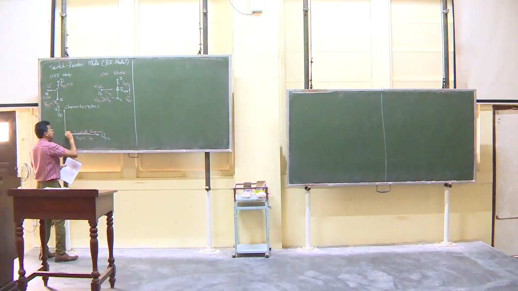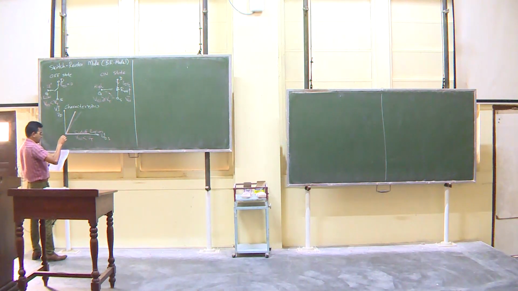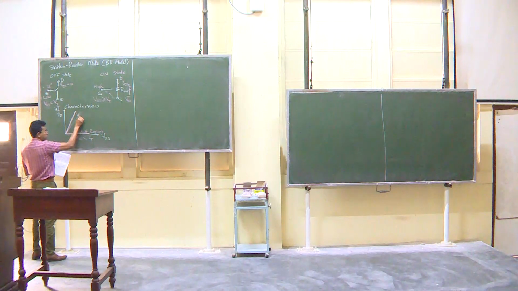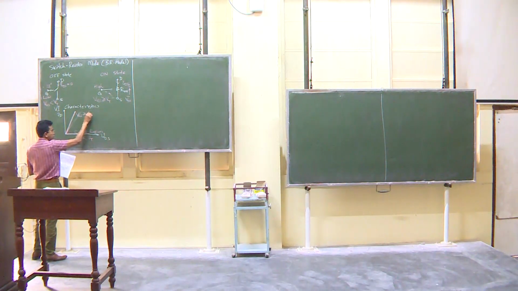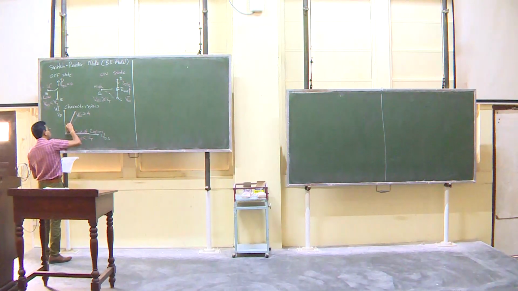So it looks like this, with constant slope, for VGS greater than or equal to VT. This is the model that we are going to use. We call this the triode mode.